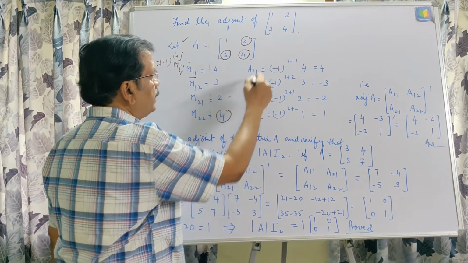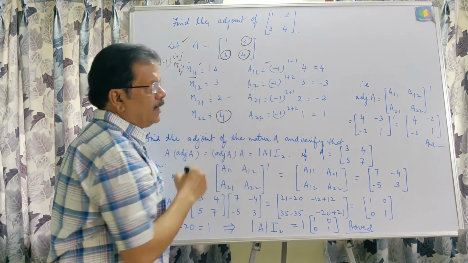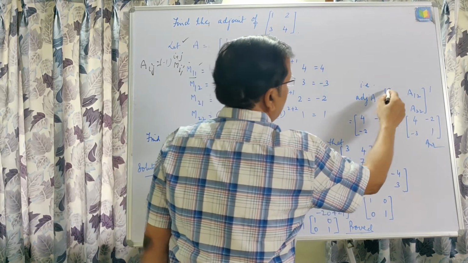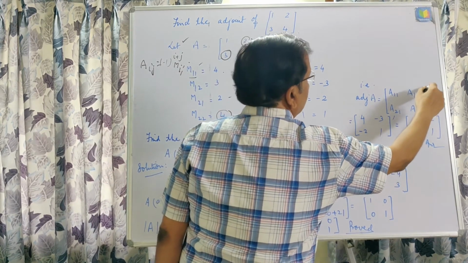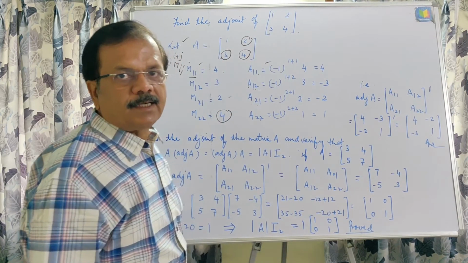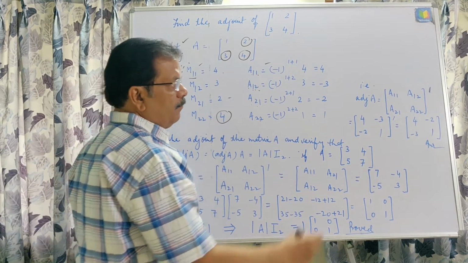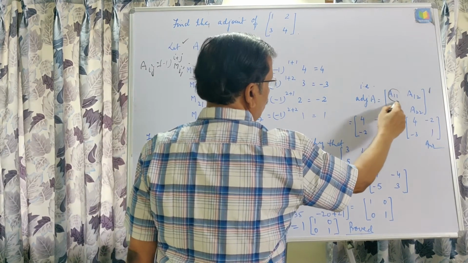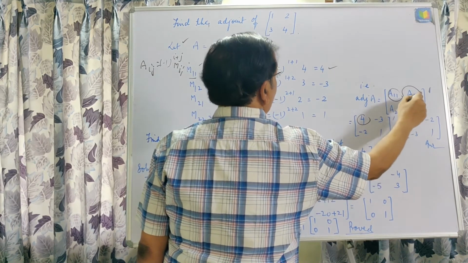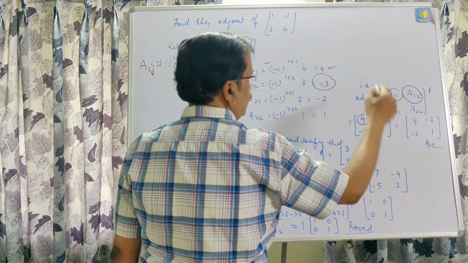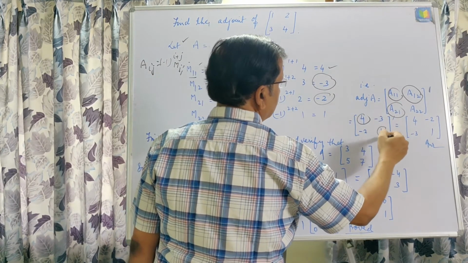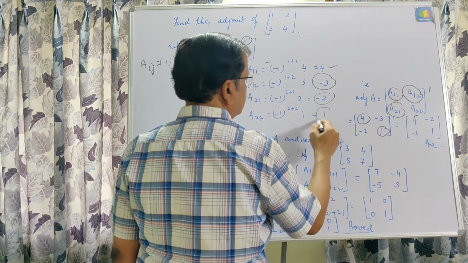This way we are getting the cofactors from the minors, and the adjoint is the matrix that is the transpose of the cofactors of each element. First element A11, the cofactor is 4; second element A12, minus 3; third element A21, minus 2; and fourth element A22, 1, and this is here.